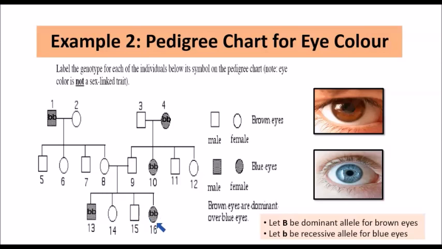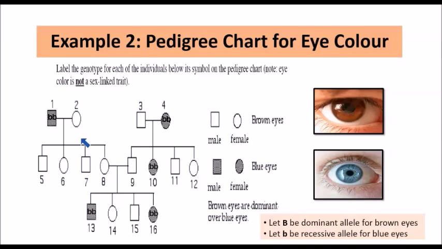So in this case, you're seeing that the individuals are numbered. Sometimes that can make it easy when you're working out these problems. So all the blue-eyed individuals are homozygous recessive. So that now leaves us to just work out the genotypes for the brown-eyed individuals. So remember, the brown-eyed individuals can either be heterozygous or they can be homozygous dominant.